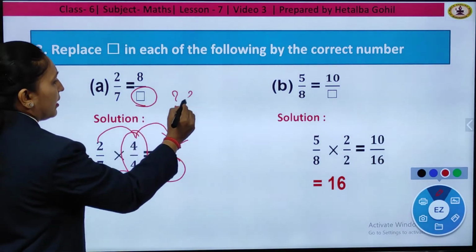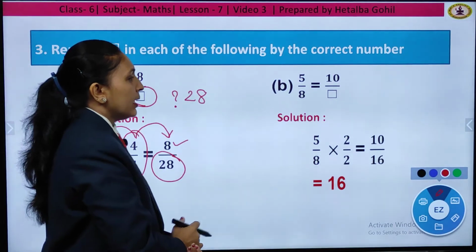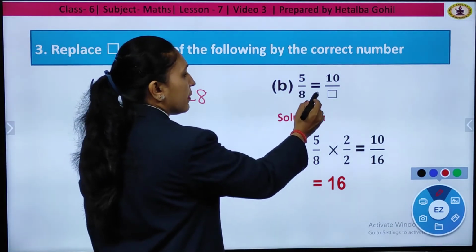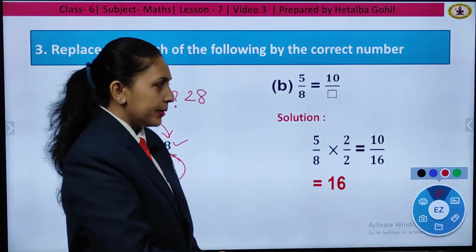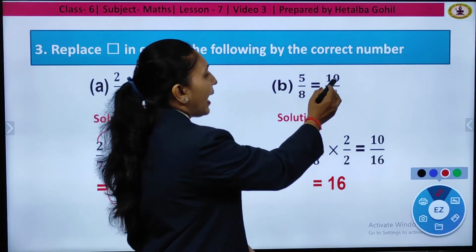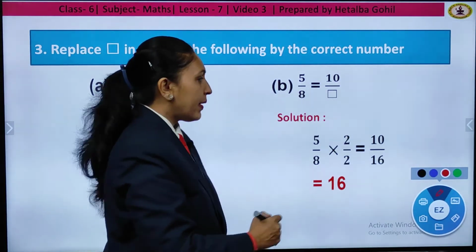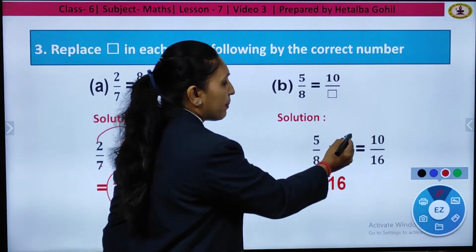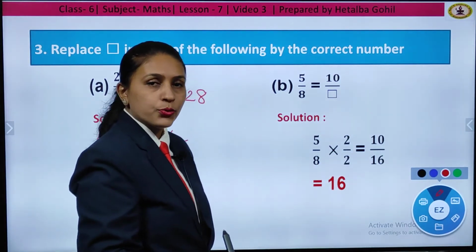So what will come here? 28. Let us go for the second one. Children, 5 upon 8 is equal to 10 upon dash. We have to find here the denominator. So to get 10, what do I multiply with 5? 2. Right? So you can see if I multiply 2 to the numerator, obviously with the denominator we have to multiply 2 only.